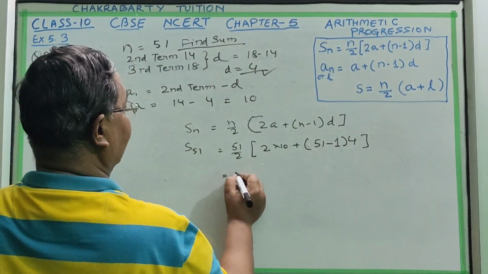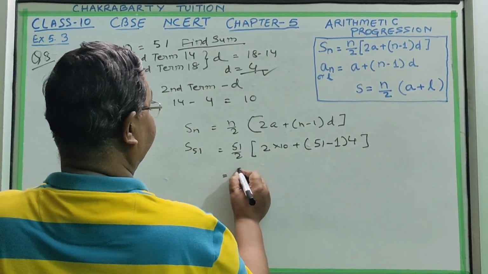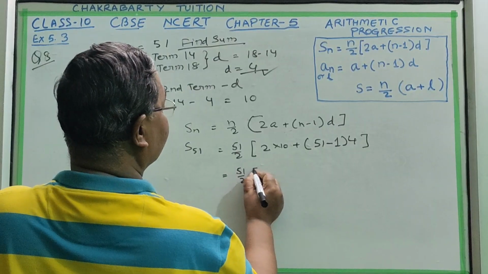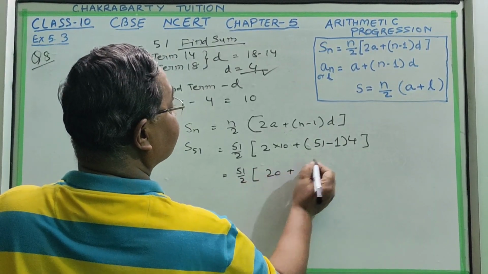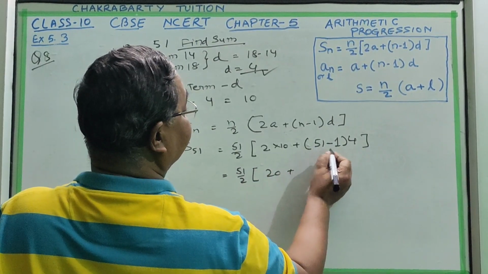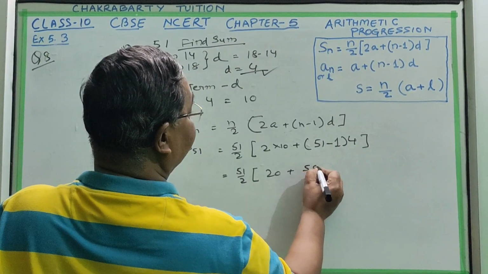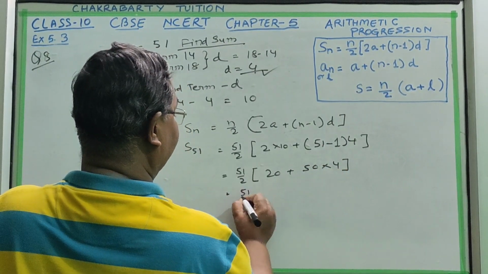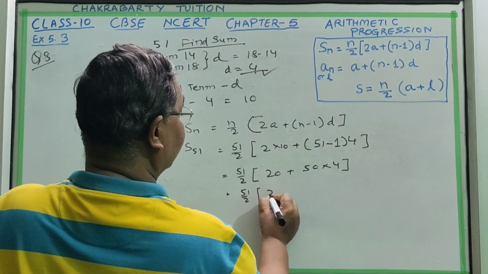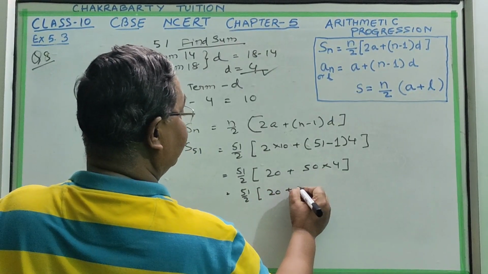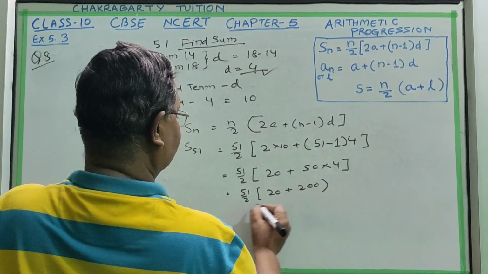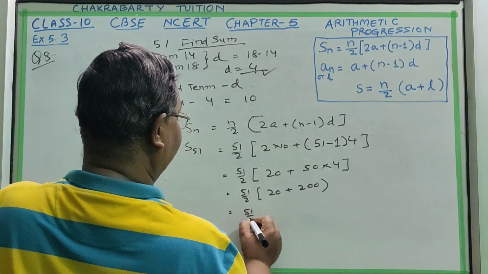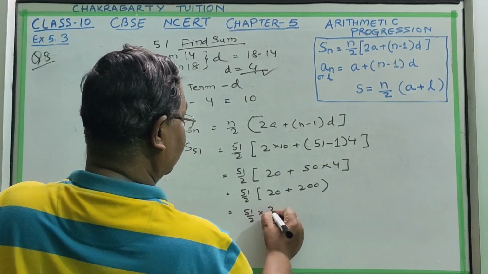Now we will solve it. 51 by 2, 20 plus 50 into 4. So 51 by 2, 20 plus it will become 200. So 51 by 2 into 220.